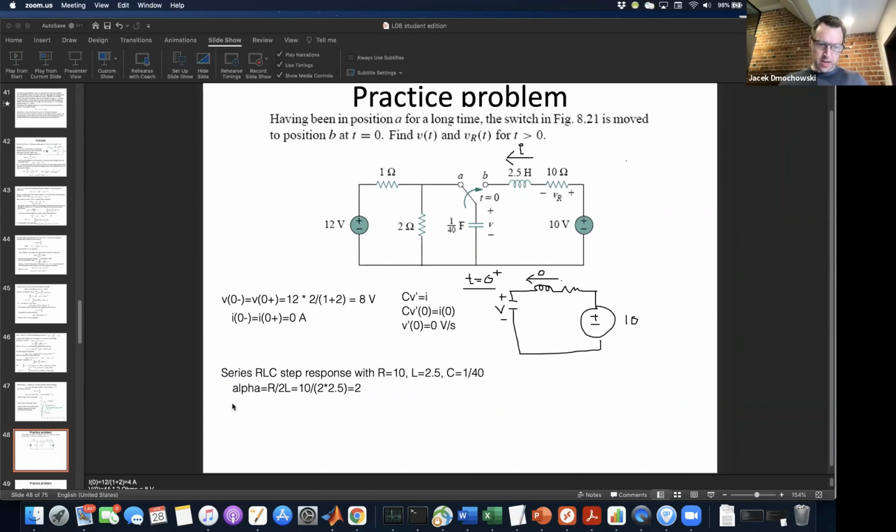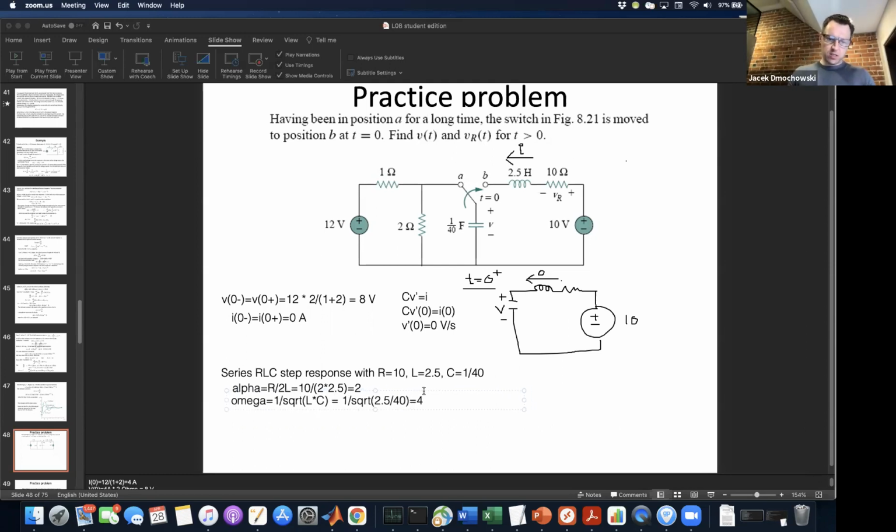And we also know that omega is equal to 1 over the square root of L times C. So 1 over the square root of 2.5 over 40, and when you do the arithmetic, it works out to be 4.